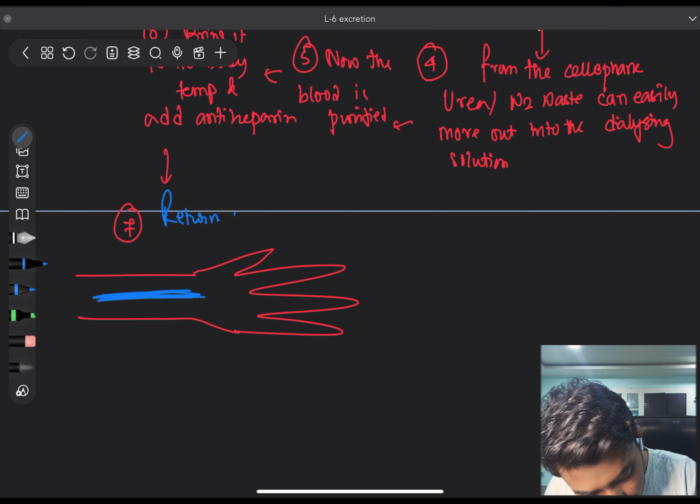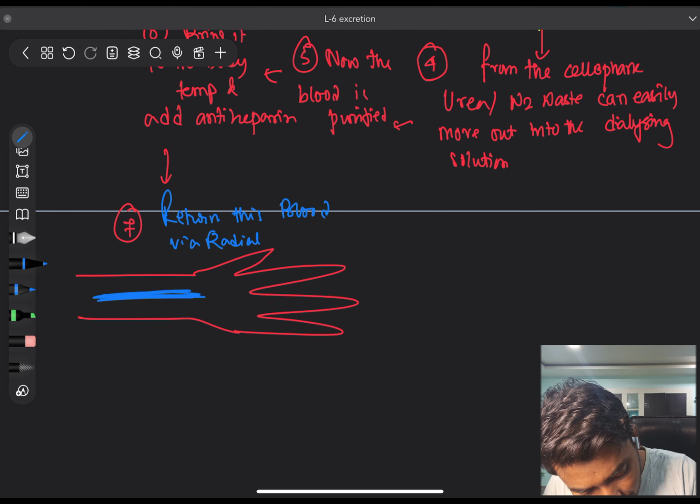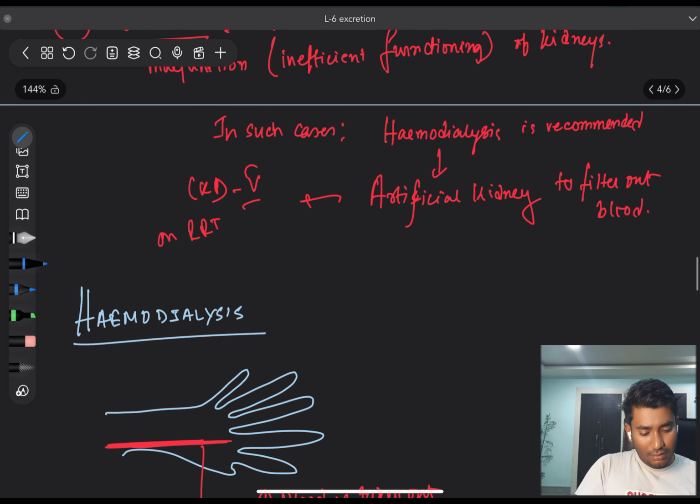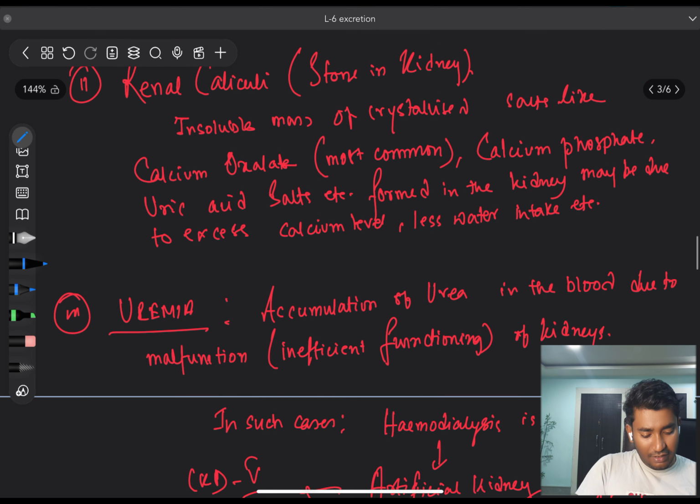Return this blood via the radial vein. The blood is now returned via the radial vein.